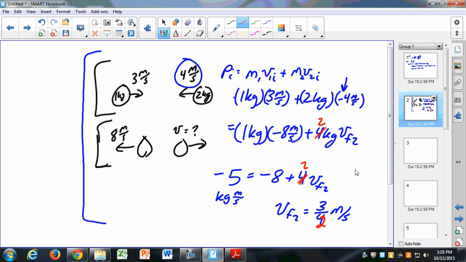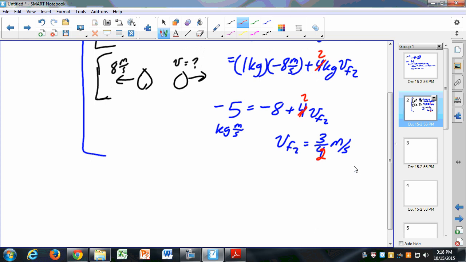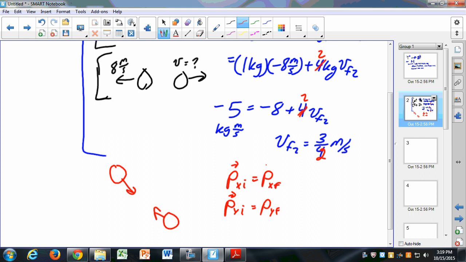All right. Now, David, you're going to have two-dimensional problems. I'm not going to work them here, but you'll have one particle that comes in this direction and one particle that comes in this direction. They work out the same way, except that you say px initial is equal to px final, py initial is equal to py final, and so you get two sets of equations.